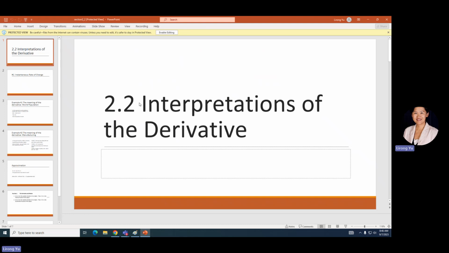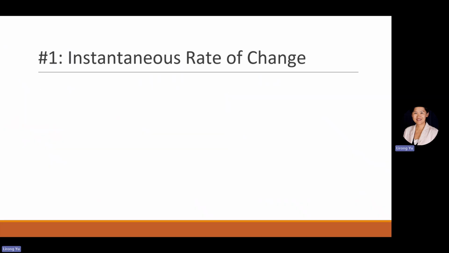That is, the derivative is really the slope of the tangent. So number 1, the derivative value represents an instantaneous rate of change. And it also means that whenever you're trying to find out, hey, this is a relation between these two quantities, what is the rate of increase of this quantity when the other quantity is this?